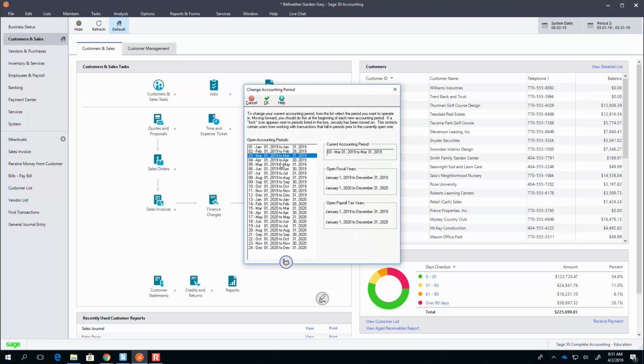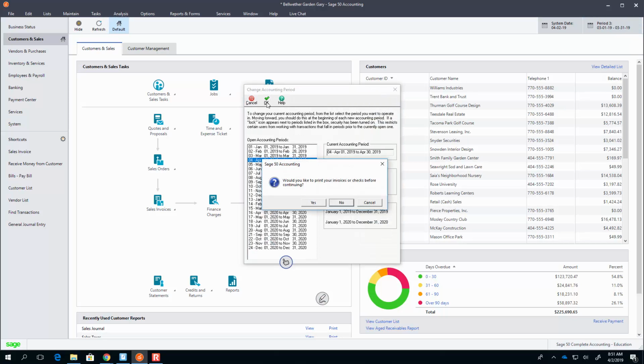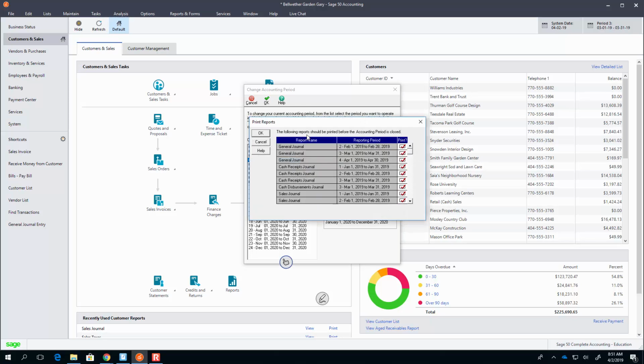If I go to 4, for instance, press OK, you can do the closing, and then it asks whether you want to print reports. So this would allow you to print off the year end or month end that you're coming out of, print off all these reports for the month end. And that's all it is for change in the period.